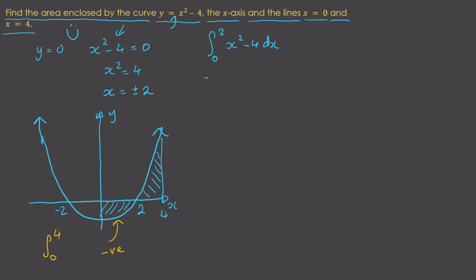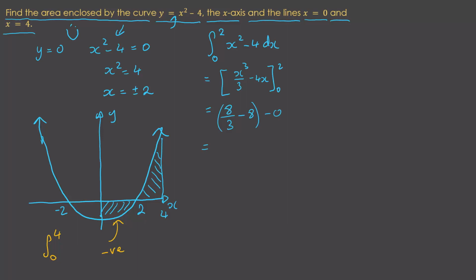dx. So that's going to be x cubed over 3 take away 4x, 0 to 2. Using the top limit, that gives me 8 over 3 take away 8, and the bottom limit's just going to give me 0.